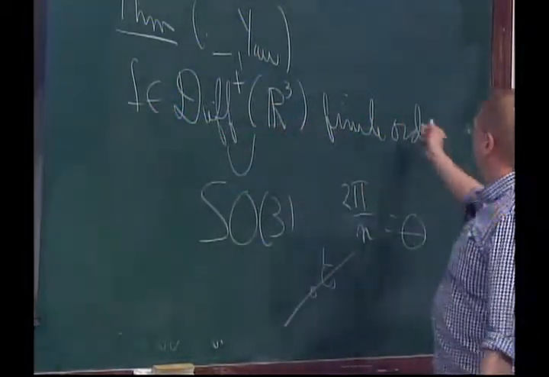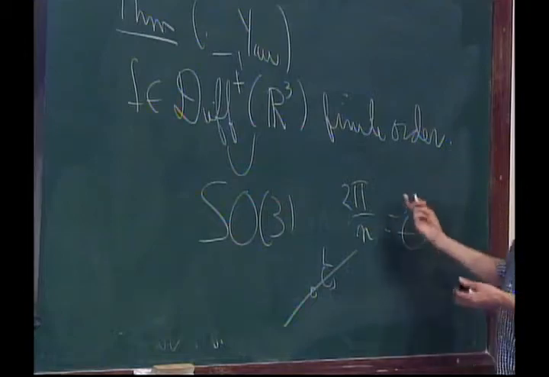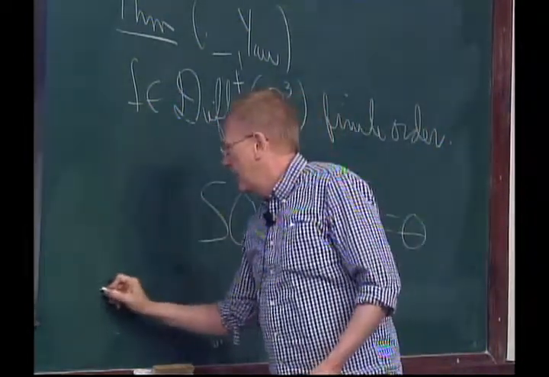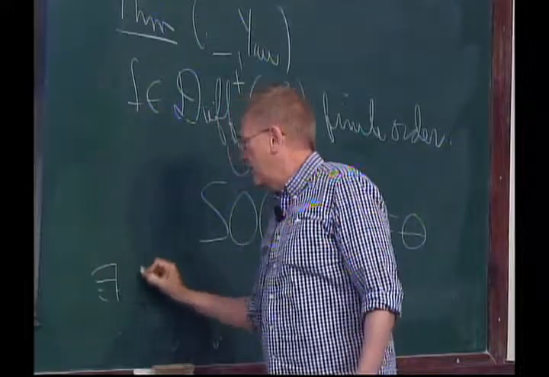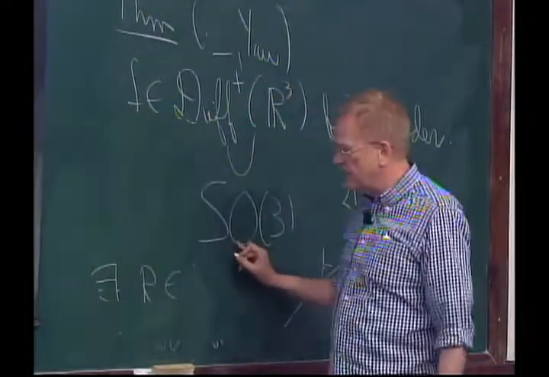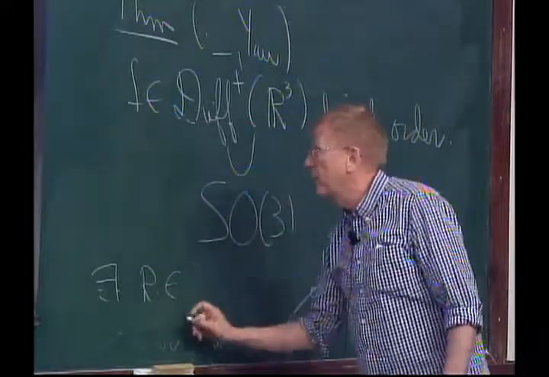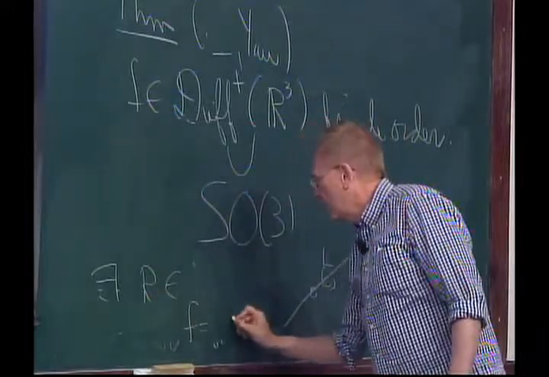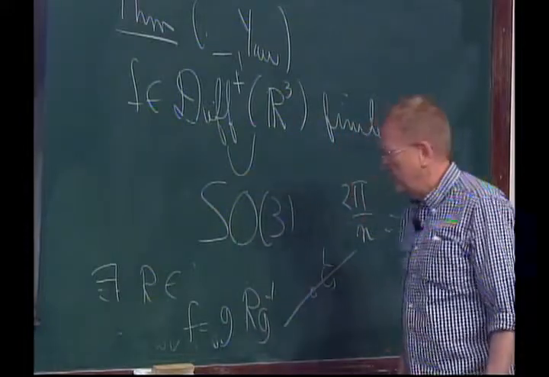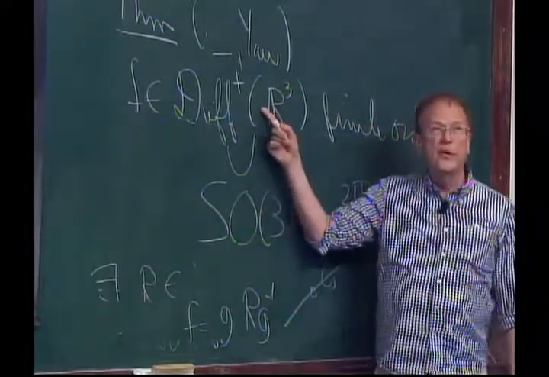So suppose this has finite order. The theorem says that there exists a rotation R in SO3, of finite order, such that F equals G R G inverse, where G is a diffeomorphism of R3.